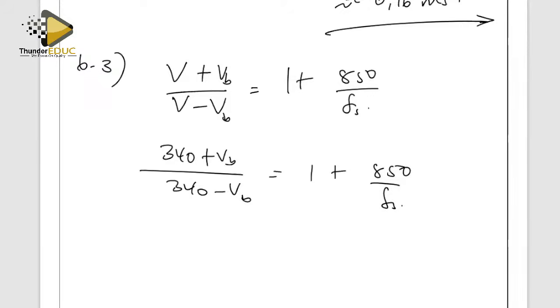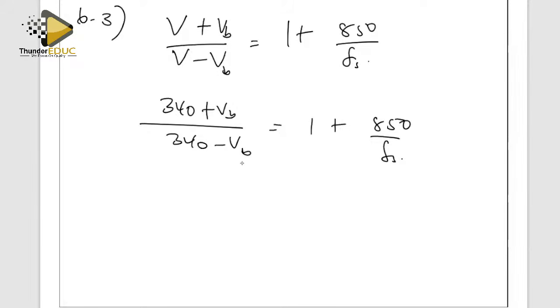And then we know that our Fs was that 21250 minus VB, so let me replace it now. Okay, so what do we do next?